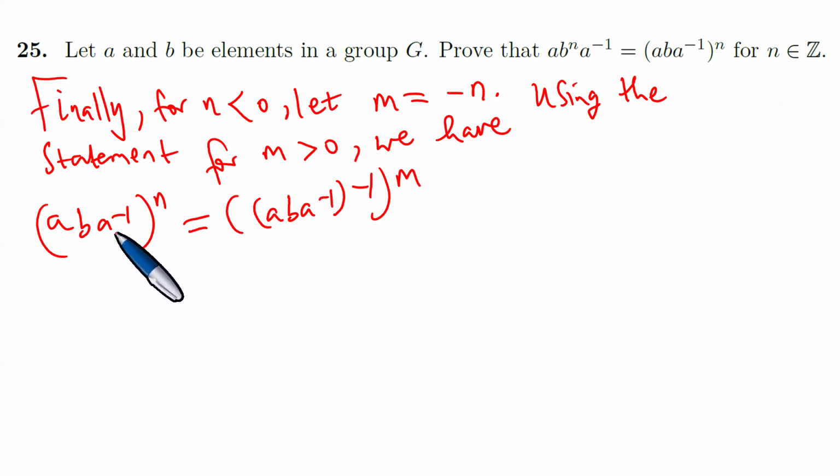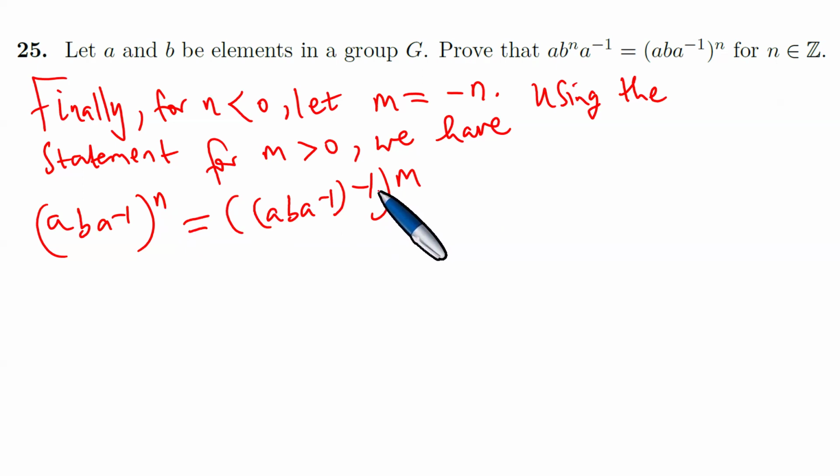Because we have a, b, a minus 1, but we know that m is equal to minus n. So wherever we have m, we can put minus n. Simultaneously, it has several implications about n being equal to minus m. So we have n equals minus m.